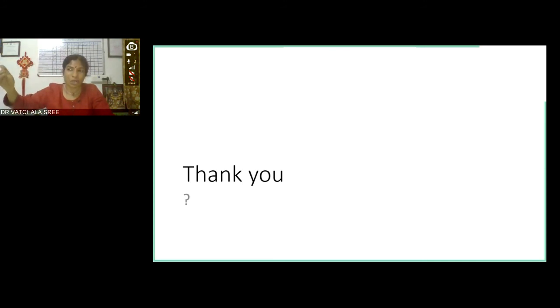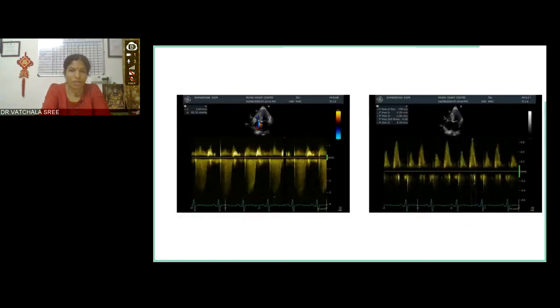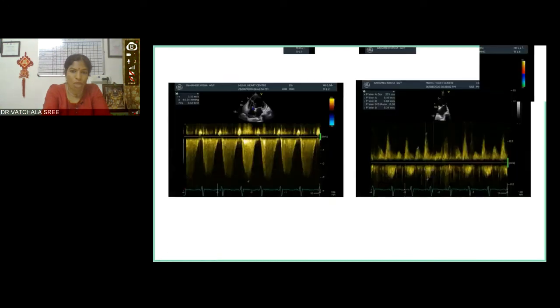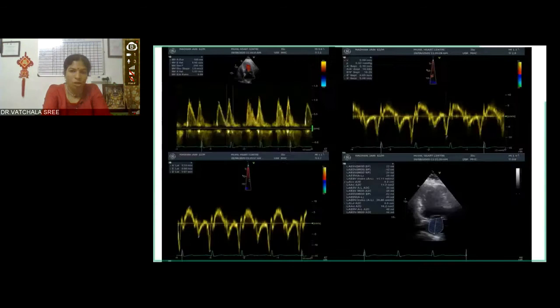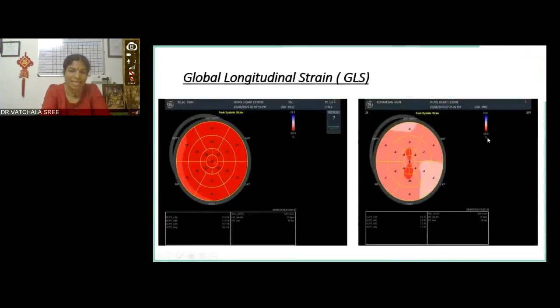I'll go back to this slide. I showed you a patient with left ventricular hypertrophy, and the grossly abnormal GLS that I showed you belongs to this patient.